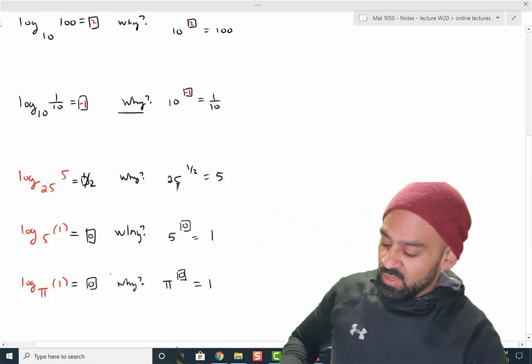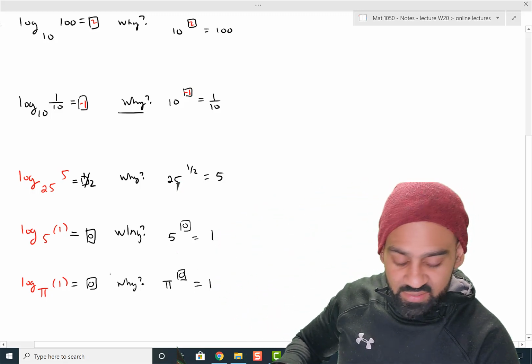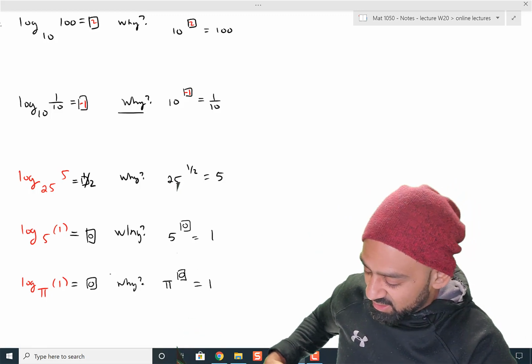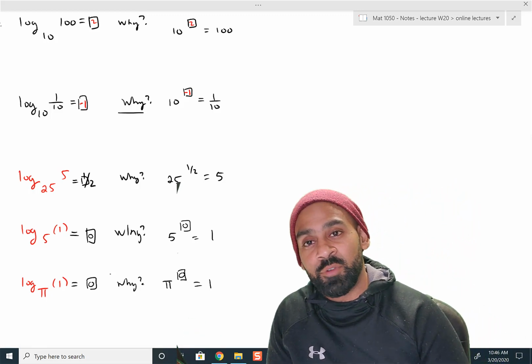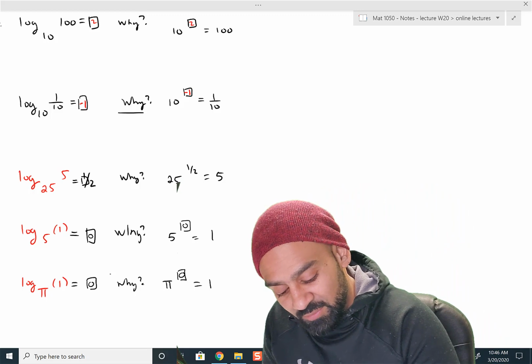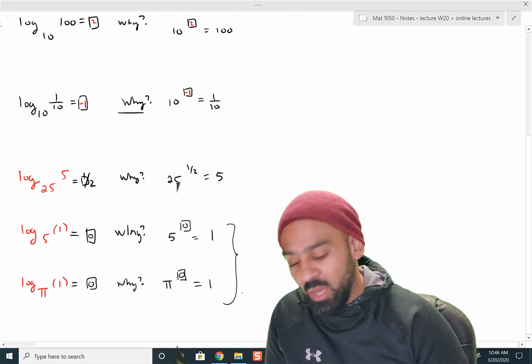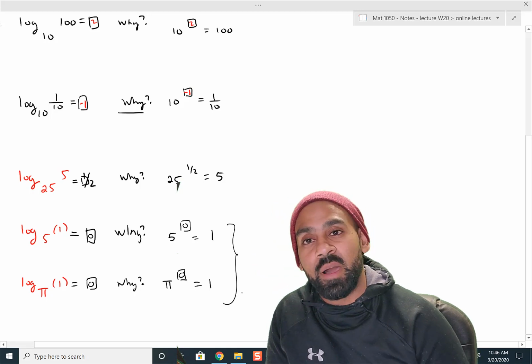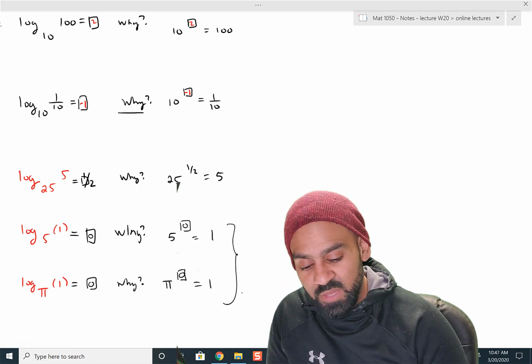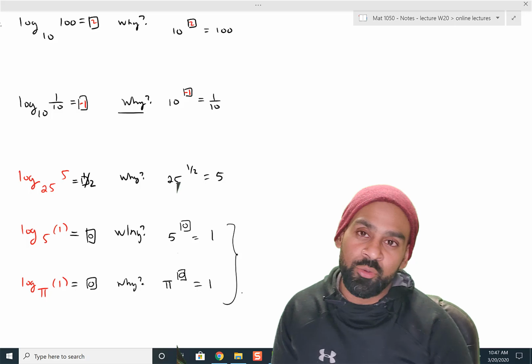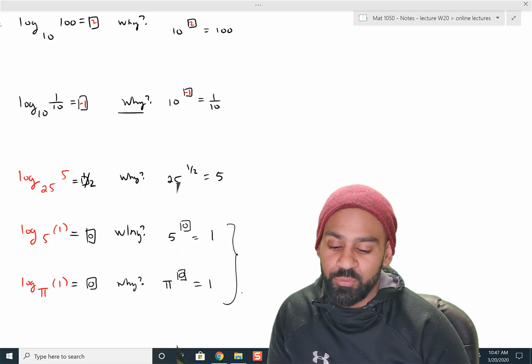Okay, so very easy, but at the same time, it can be extremely difficult if you're not careful. And here's a hint. This is actually a very special property. Okay, but I'll delve into that when we start talking about the laws of logarithms as we step into the next part of 9.3.